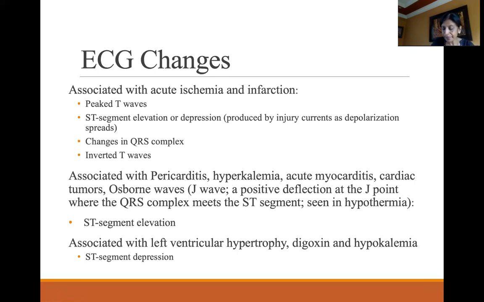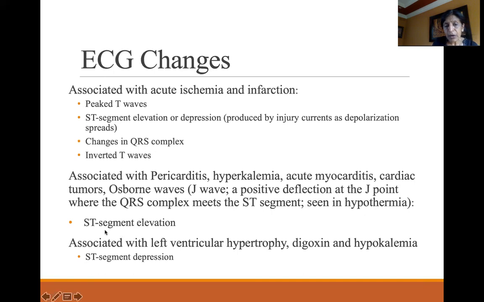QRS and ST segment is where the J point is. So Osborn waves. Positive deflection is what you see there. And what else? Seen in hypothermia. This is seen in hypothermia, okay?